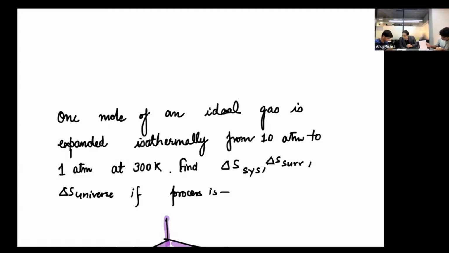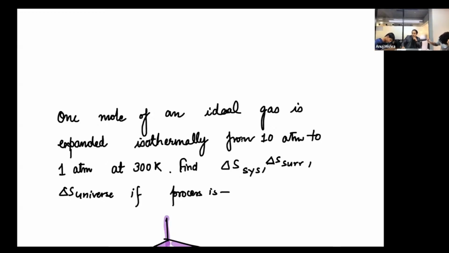So then you integrate. P is nRT by V, and this whole thing is upon V. Just cut T here. dq is dU plus p dV.